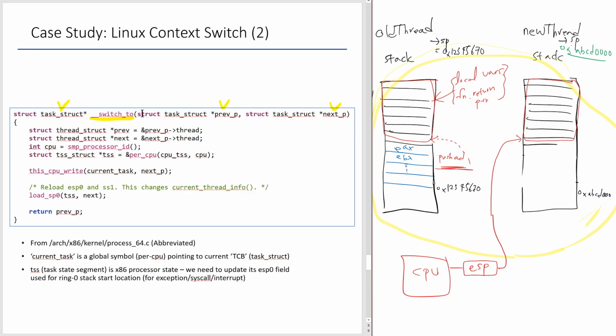The compiler will generate code using RDI to refer to this prev_p and RSI to refer to this next_p. So despite the fact that we performed a context switch and we restored part of the register file, our reference to the outgoing thread and our reference to the incoming thread is still valid. So this is still the outgoing thread, and this is for the incoming.